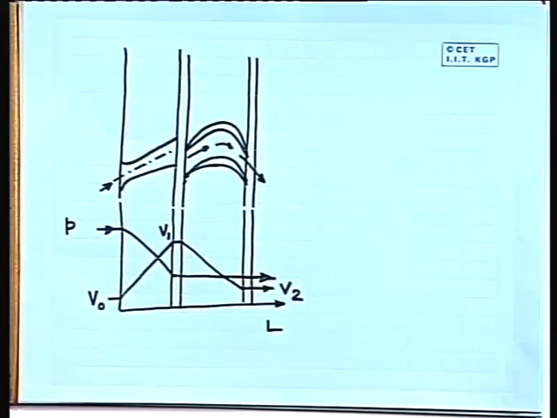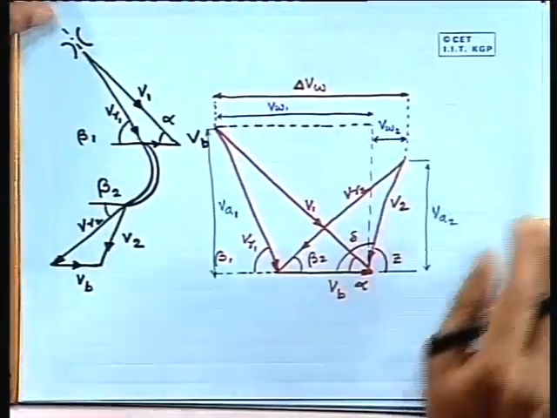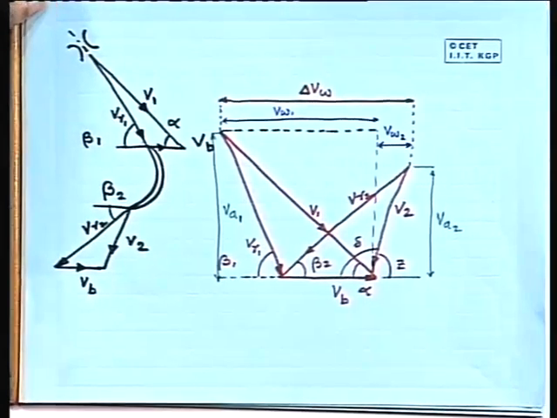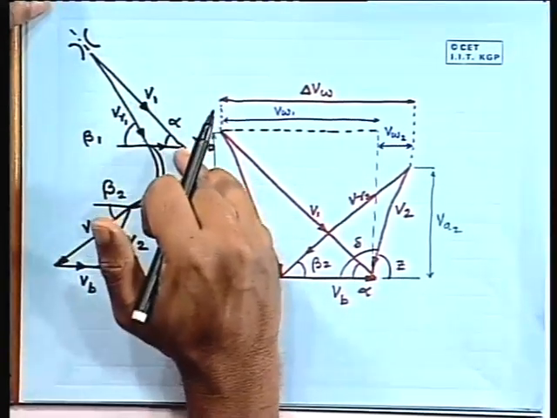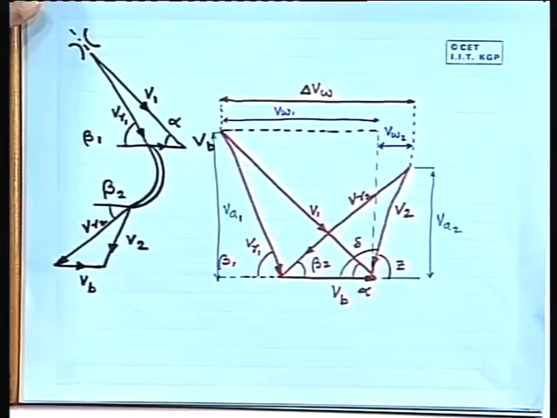At this point, a very logical question will arise: are these values arbitrary? Can we choose these values arbitrarily, or is there some sort of a guideline we should follow, so that we can get maximum out of this design? If we go to the next diagram, here we can see how the different components of velocities are changing from inlet to outlet.